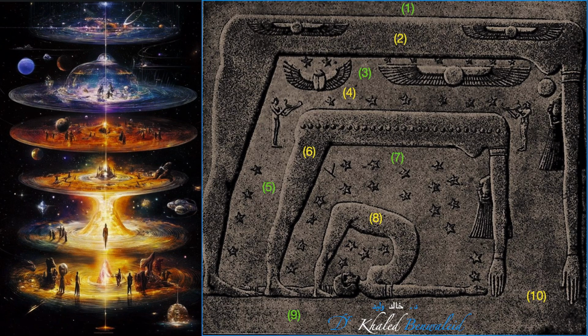Whether or not one agrees with all of his interpretations, it certainly encourages us to look beyond the surface and consider alternative perspectives on history and spirituality. Absolutely. And that, I think, is the real value of a deep dive like this. It challenges us to question our assumptions, to explore unfamiliar ideas, and to engage in that process of tadabbur, a deep reflection that Dr. Waleed champions.